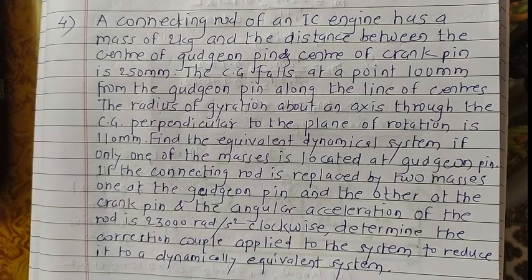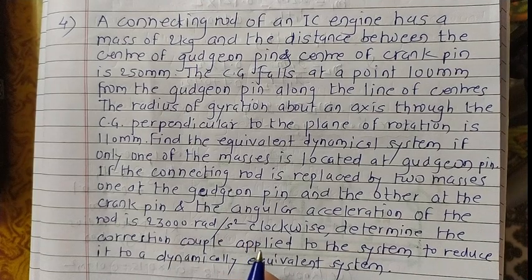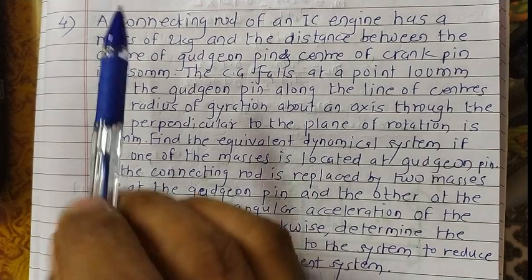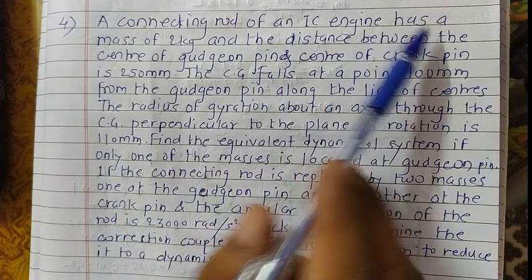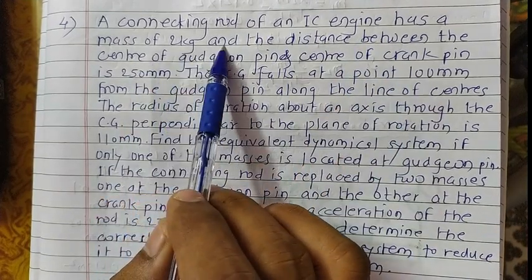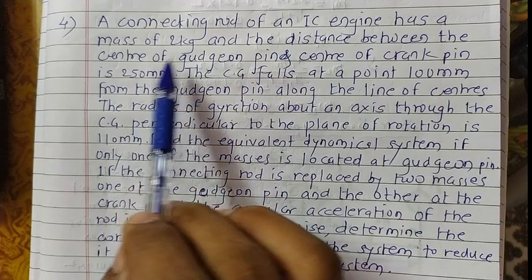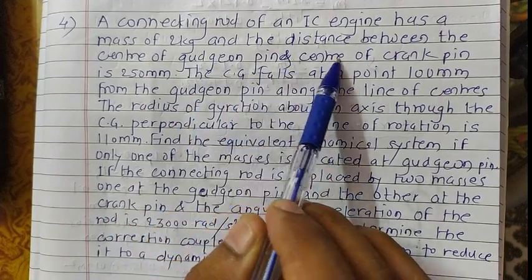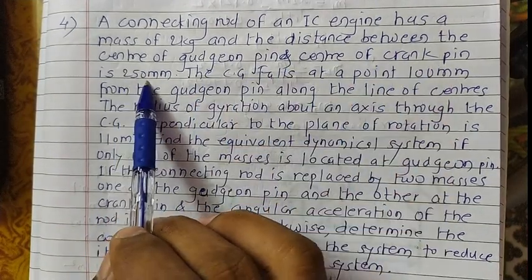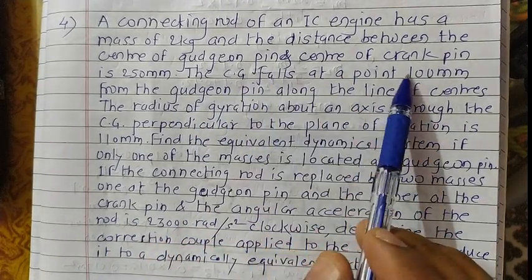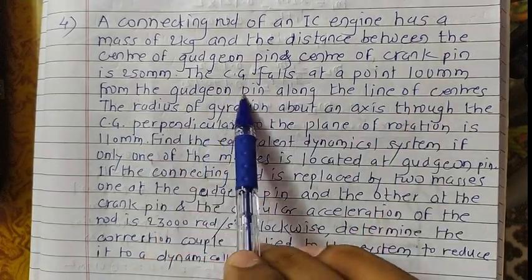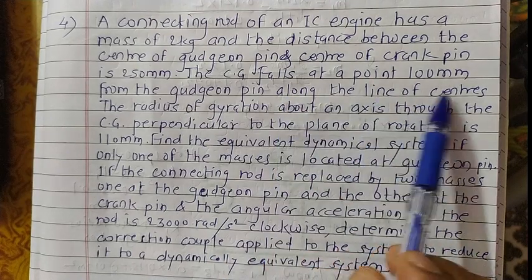So the next problem is related to the correction couple. Now see here: a connecting rod of an IC engine has a mass of 2 kg, and the distance between the center of gudgeon pin and center of crank pin is 250 mm. The center of gravity falls at a point 100 mm from the gudgeon pin along the line of centers.